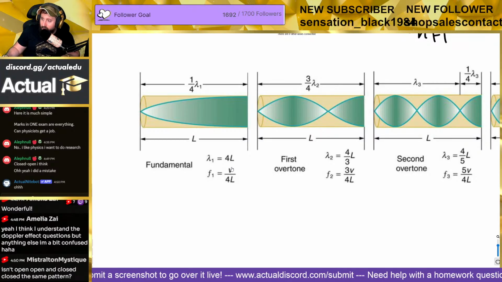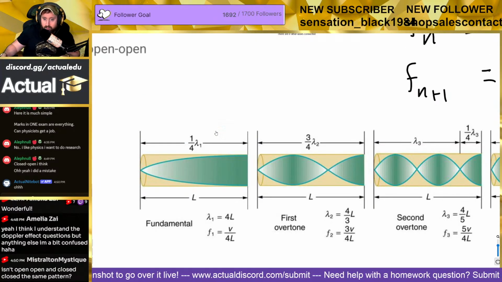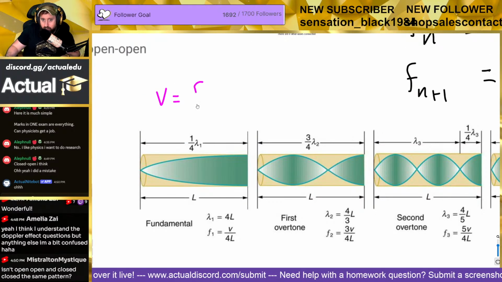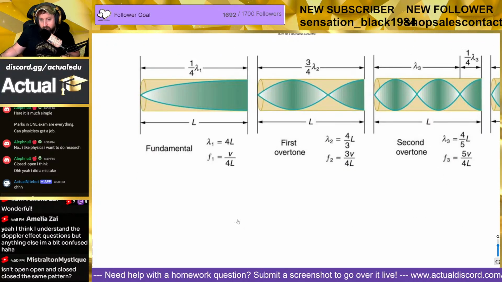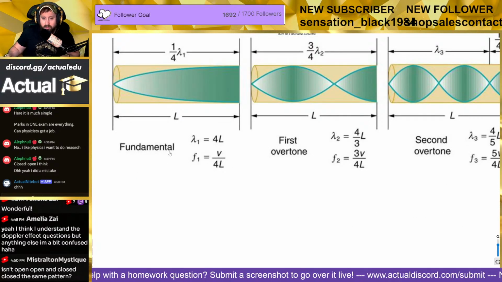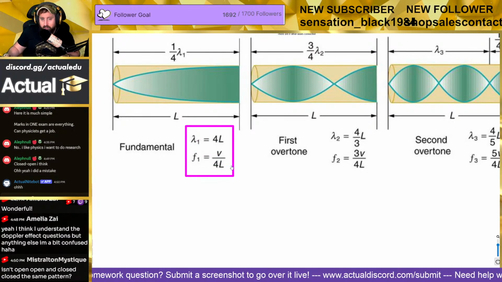And then if you want to solve for the frequency, remember that V is equal to F lambda, that means that the frequency is equal to V over 4L. Okay? So this is the wavelength and frequency for the fundamental.